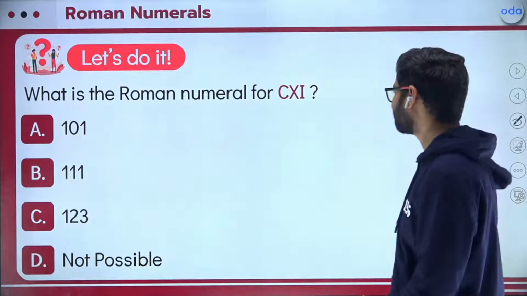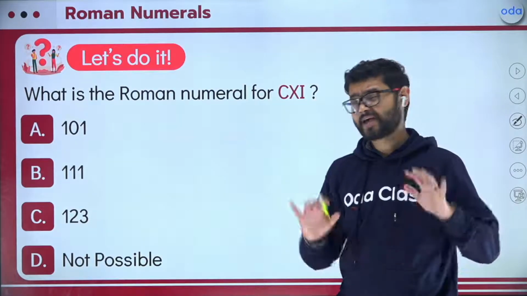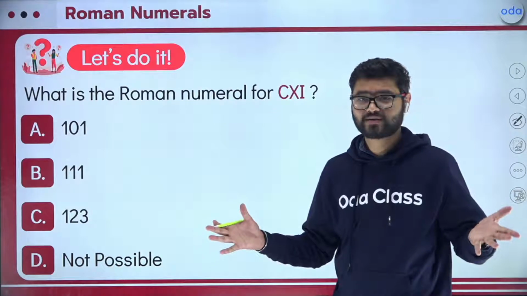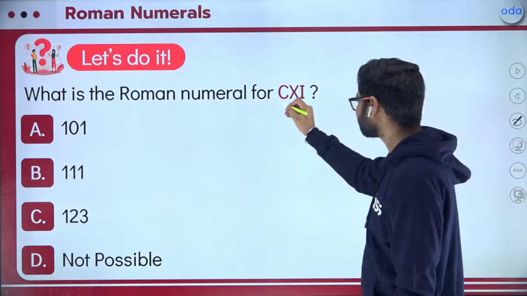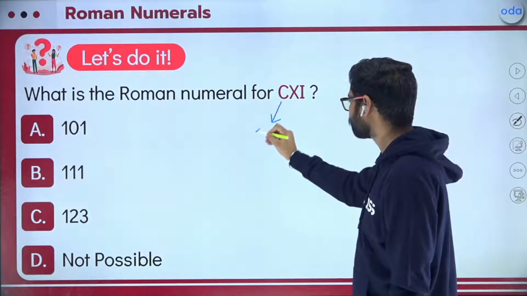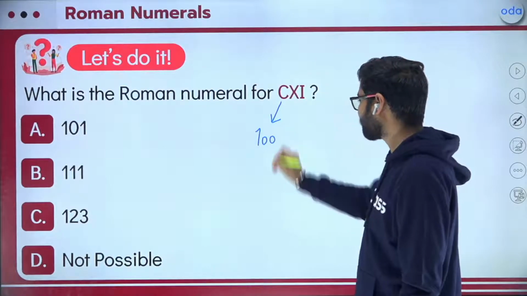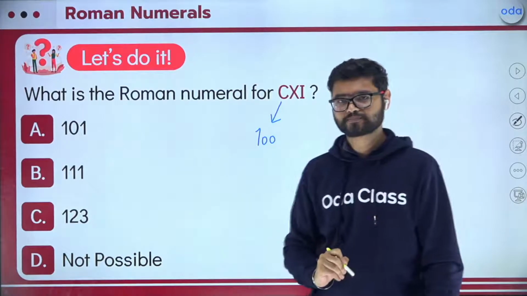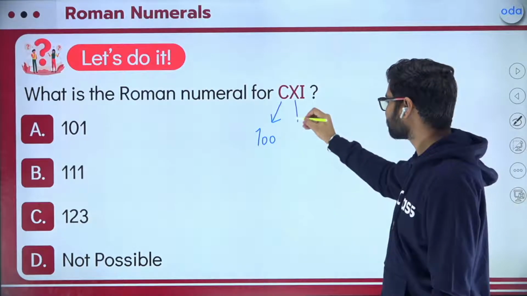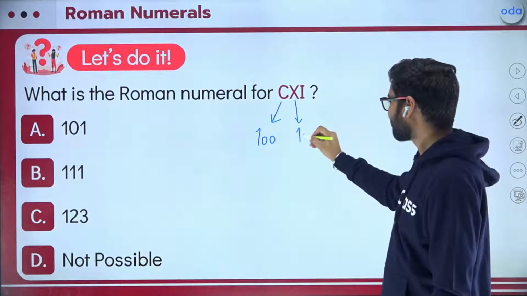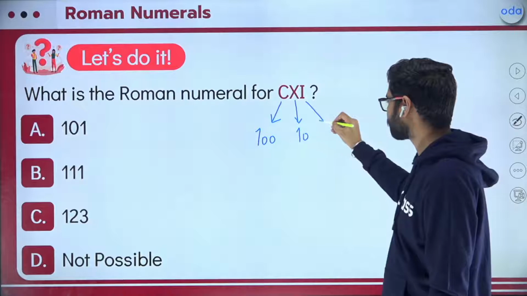Okay. Let me help you get the answer. So CXI, I know that C is actually 100. All of you guys know this part. C is 100. X is 10. And then we have I, which is 1.